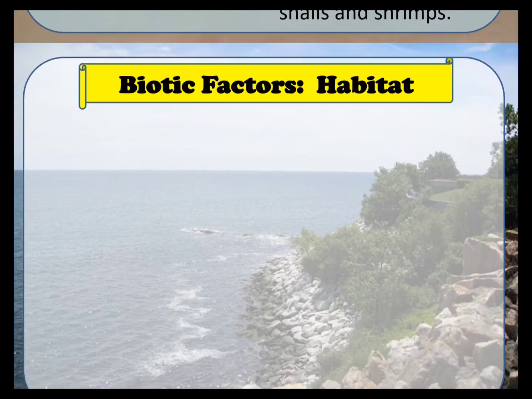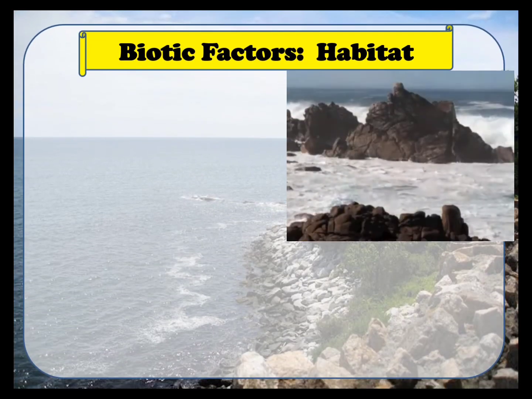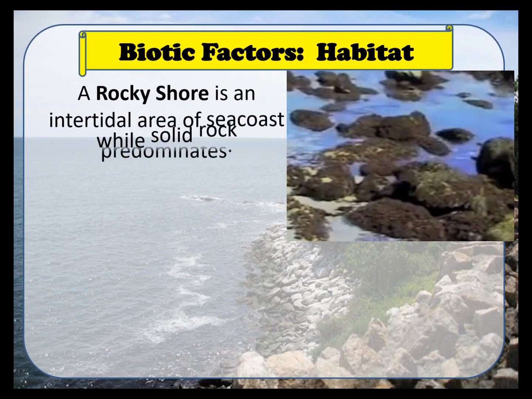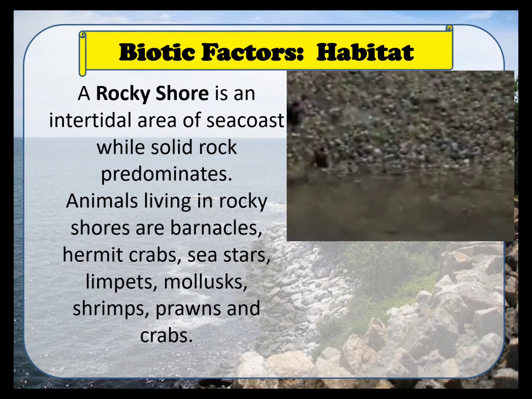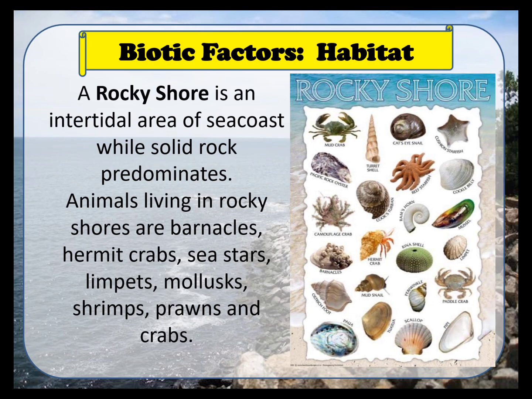Next is the rocky shore. A rocky shore is an intertidal area of sea coast where solid rock predominates. Animals living in rocky shores are barnacles, hermit crabs, sea stars, limpets, mollusks, shrimps, prawns, and crabs.